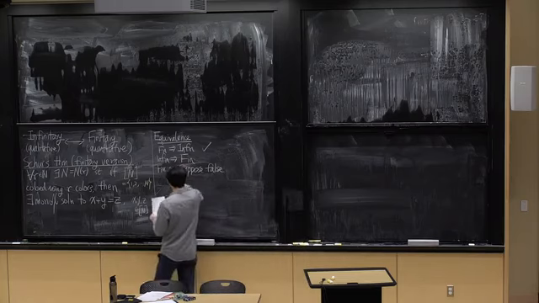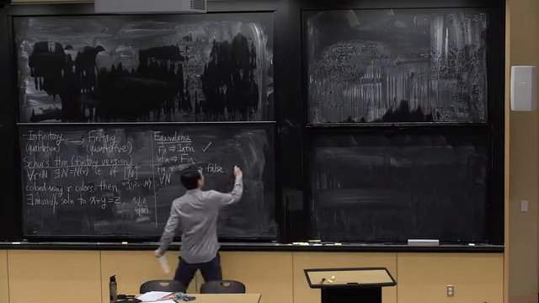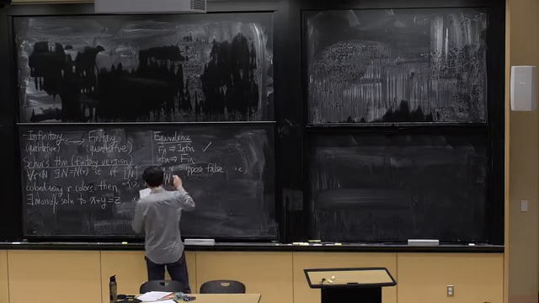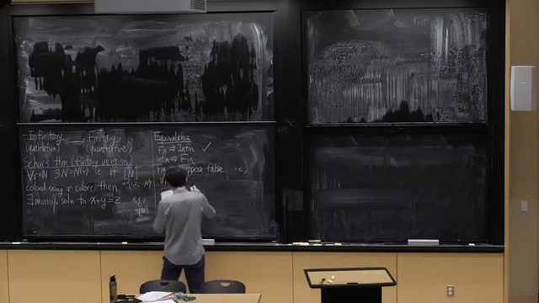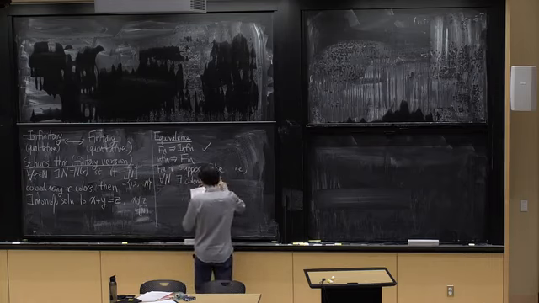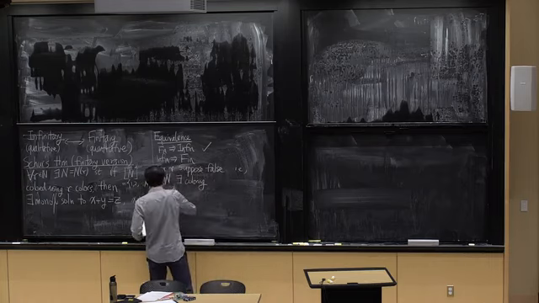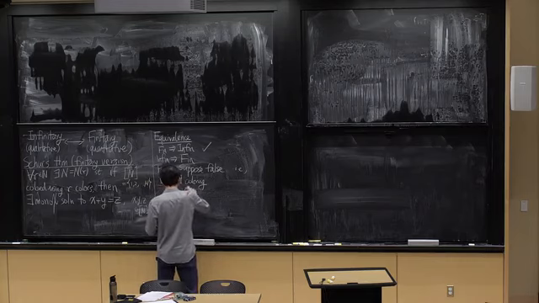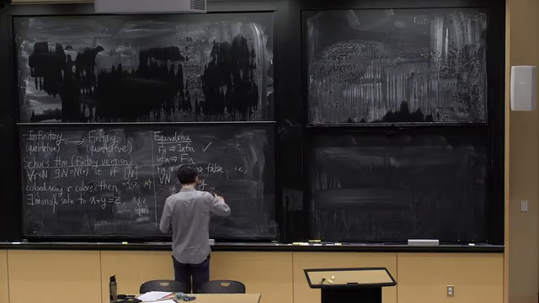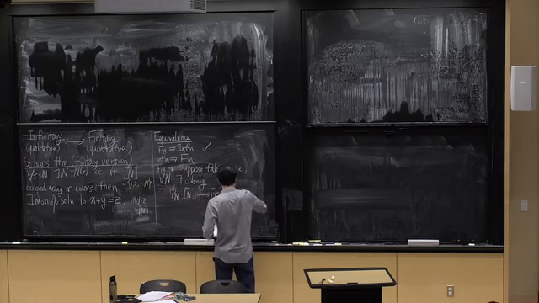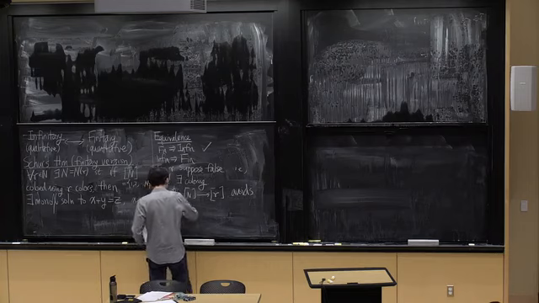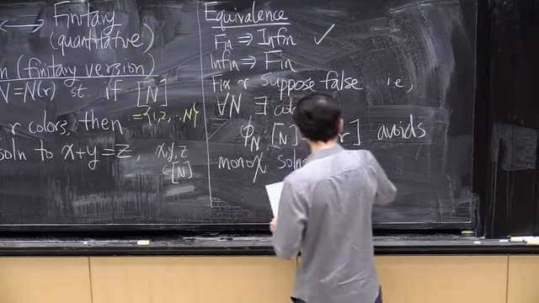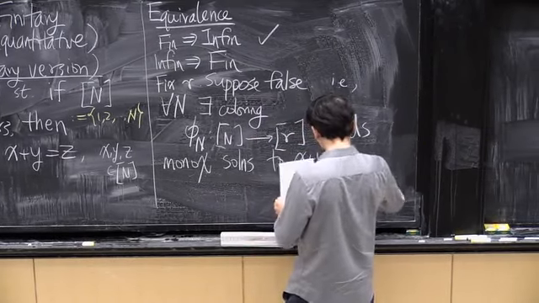Namely, for every n, there exists some coloring, which we will call phi sub n, that avoids monochromatic solutions to x plus y equals z.